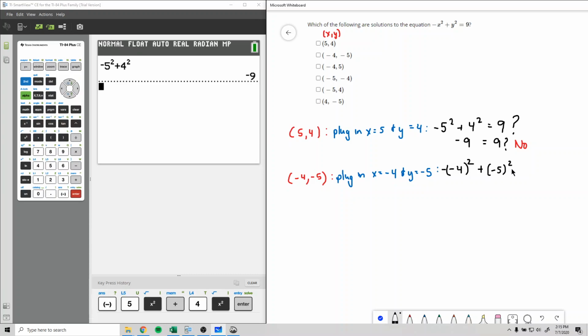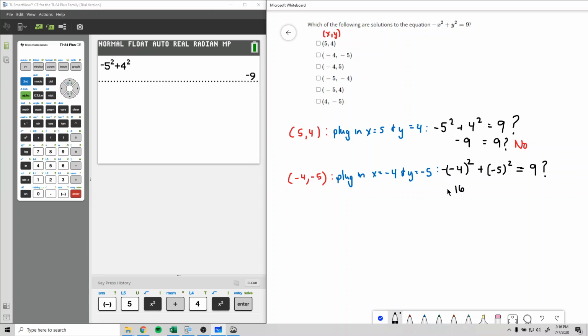Since that's what we're squaring, we have to put the whole thing in parentheses, and we want to know, does that equal 9? Once again, there's nothing wrong with doing this by hand. I'll do this one by hand and then type it in the calculator to show you. When we square a negative number, negative 4 squared, it becomes positive, so that's going to be 16.